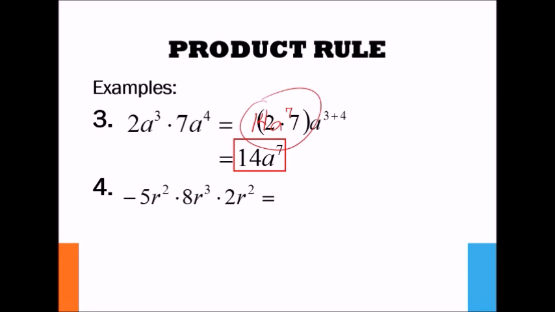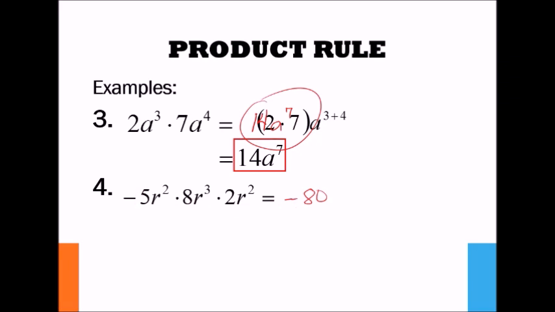Okay, so for number 4, negative 5 times 8 times 2. Negative 5 times 8 is negative 40. Negative 40 times 2 is negative 80. Or we can multiply 5 times 8 times 2 first, which is 80, then decide the sign.